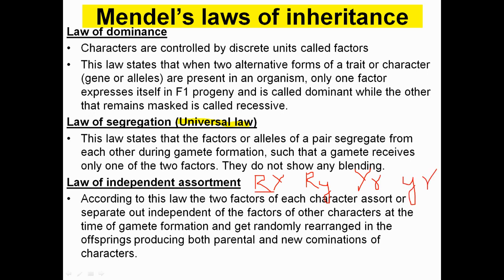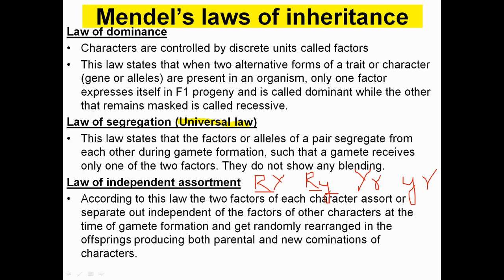So the dominant form will not always go with the dominant one. It can go with the recessive form as well. This is what independent assortment talks about. The dominant form can go with either the recessive or the dominant one. So this is how the factors or alleles actually work during gamete formation.